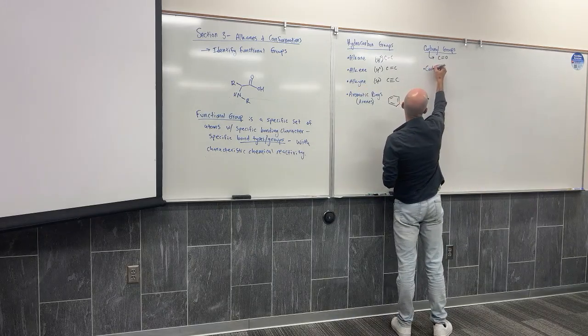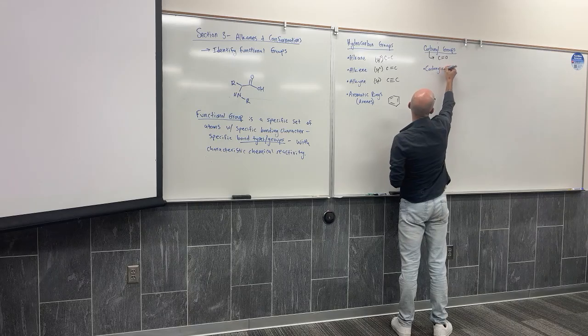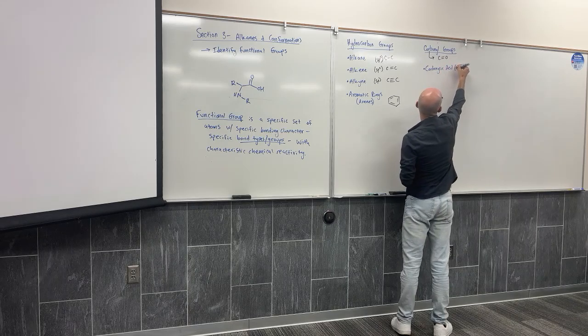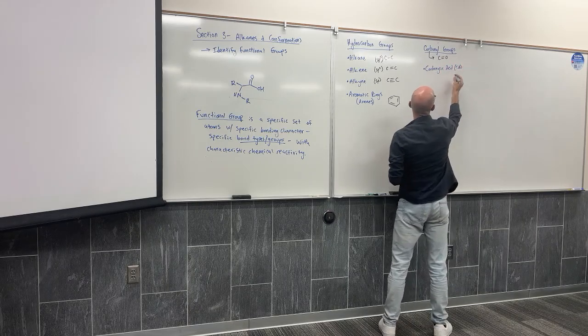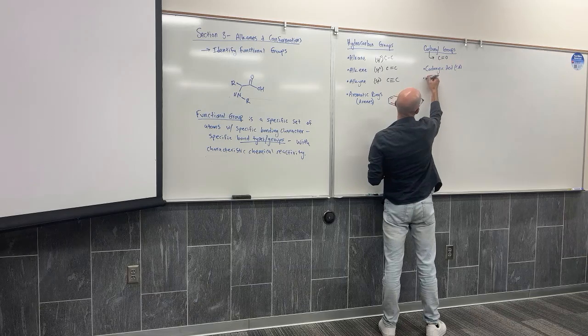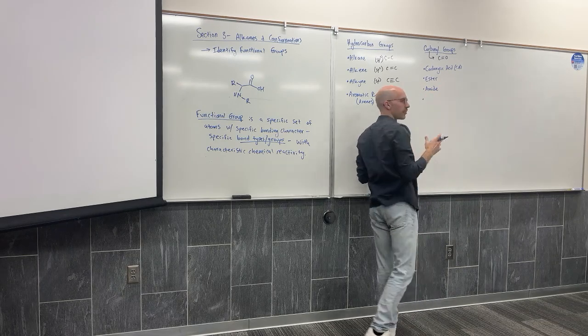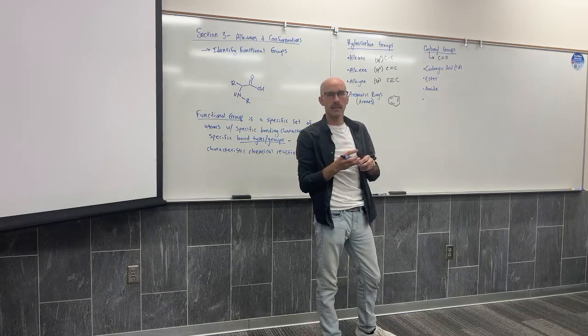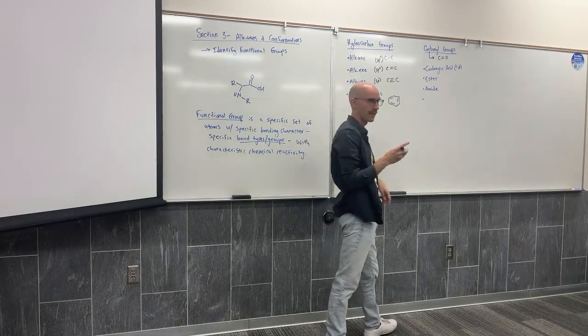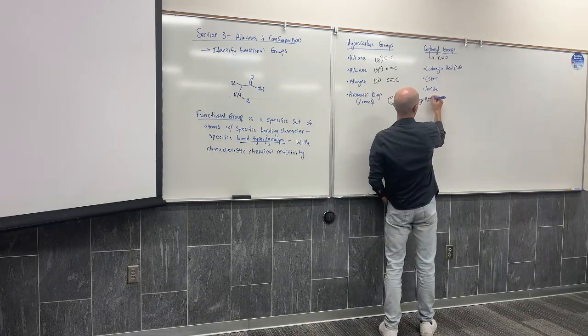First, we have the carboxylic acid, sometimes abbreviated as CA. Then we have the ester. We have the amide. There's a lot, and I'm gonna narrow in on a handful of them right now.